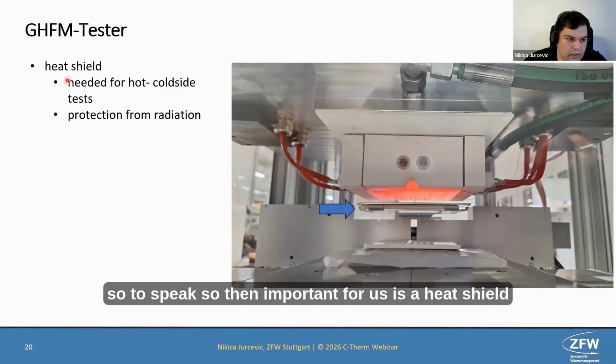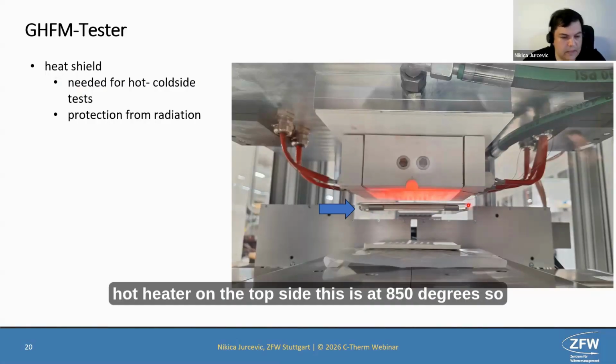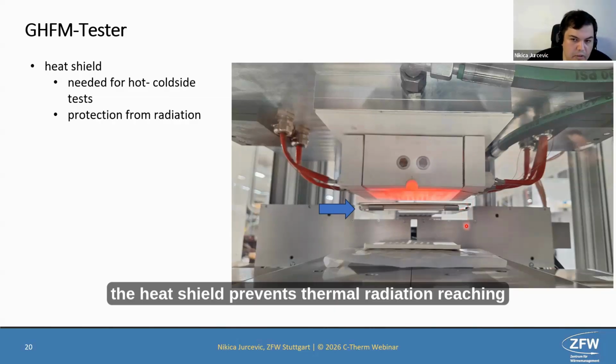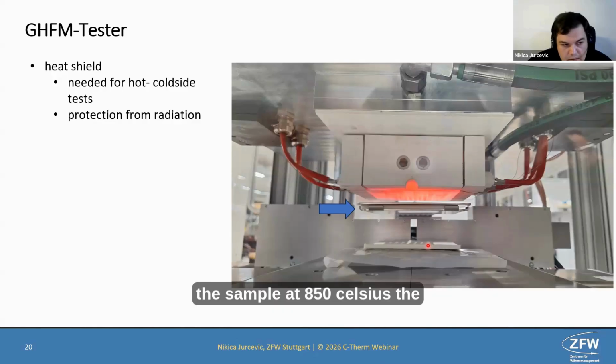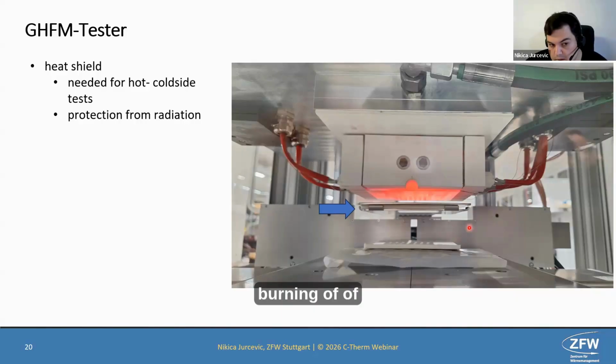Also important for us is the heat shield. You can see it in this area, with the glowing hot heater on the top side. This is at 850 degrees. The heat shield prevents thermal radiation from reaching the sample. At 850 Celsius, the radiation itself is enough to start burning some samples.